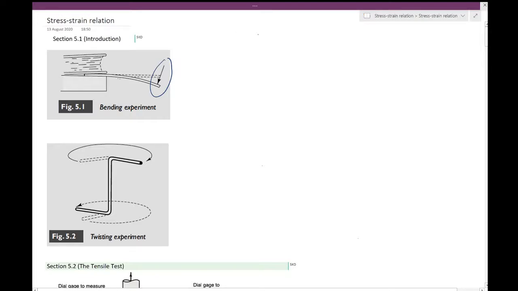Any wire can be bent into a U shape. There's nothing incredibly hard about that. And you want to twist it as shown in figure 5.2. So once you get it to a U shape, the shape should be like this, U shaped. Okay, and now you want to bend it like this. So you want to twist it is the exact word.